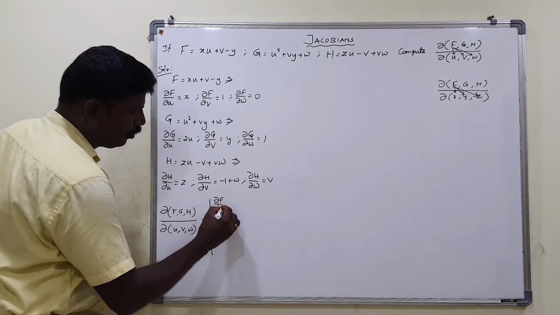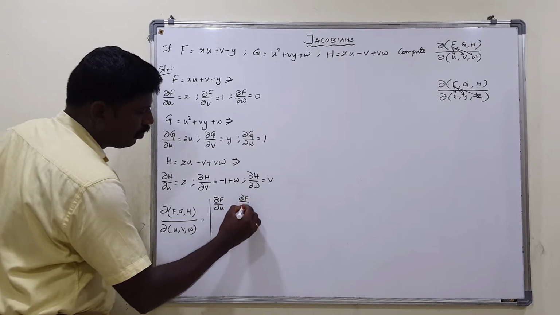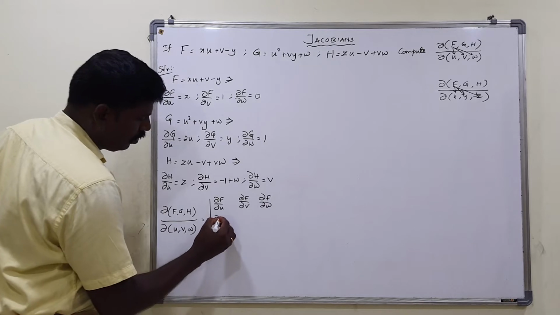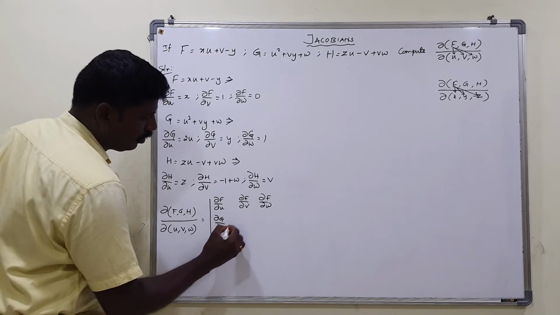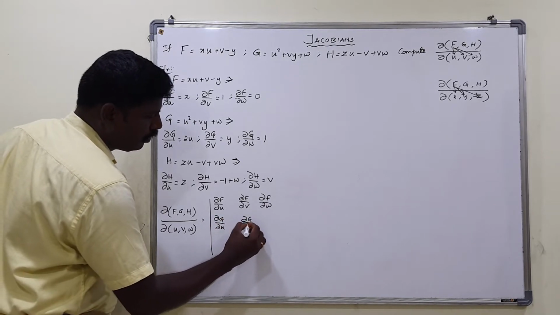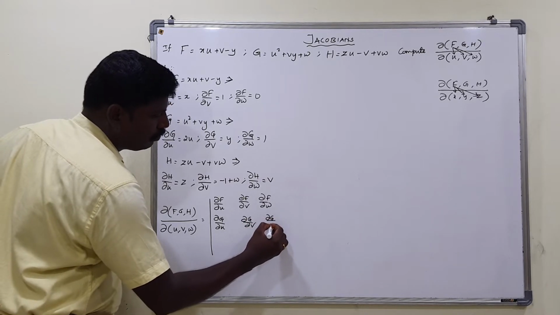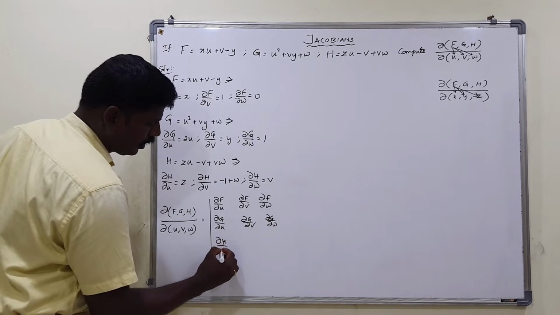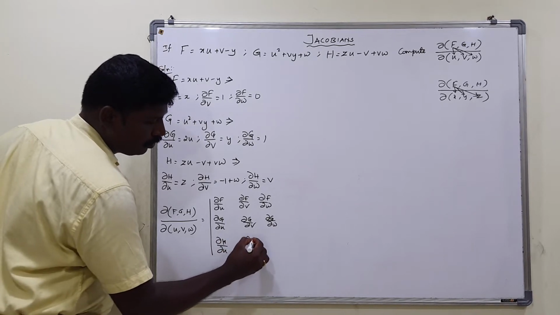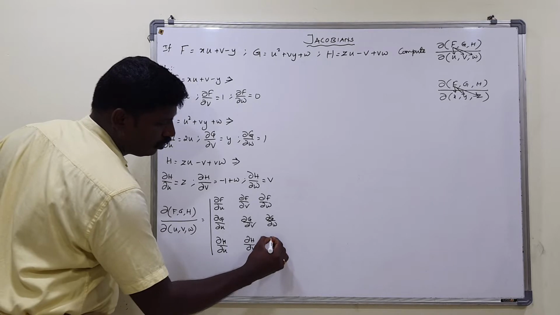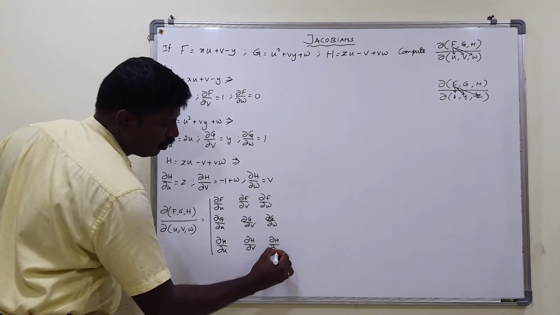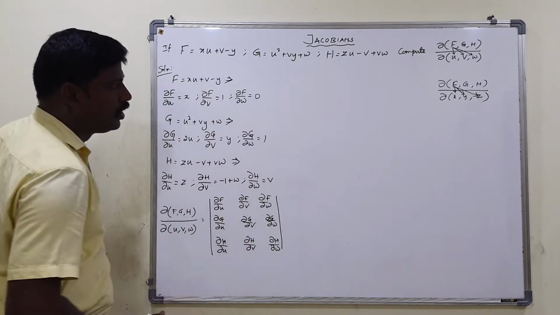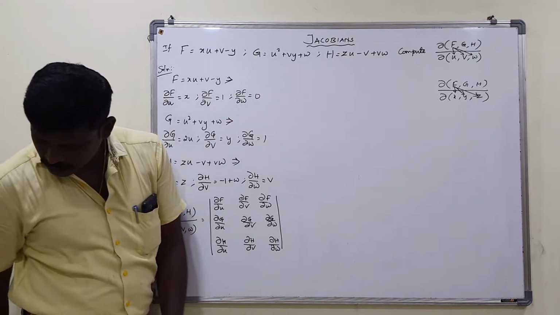Dou F by dou U, dou F by dou V, dou F by dou W, dou G by dou U, dou G by dou V, dou G by dou W, dou H by dou U, dou H by dou V, dou H by dou W. Substitute all these 9 values in this determinant and simplify it, you can get the answer.